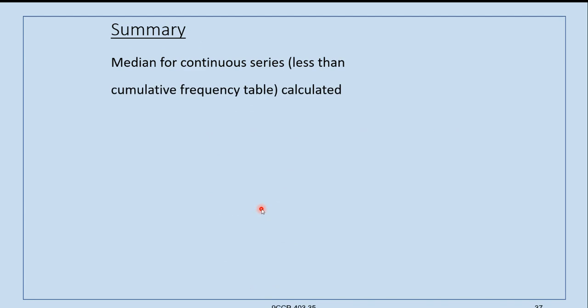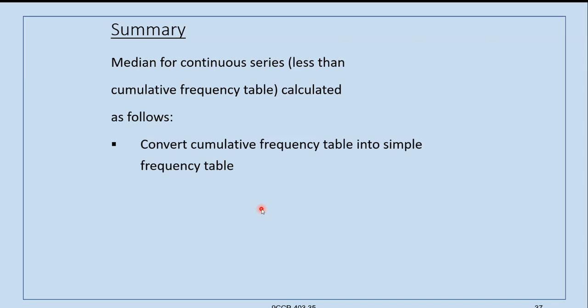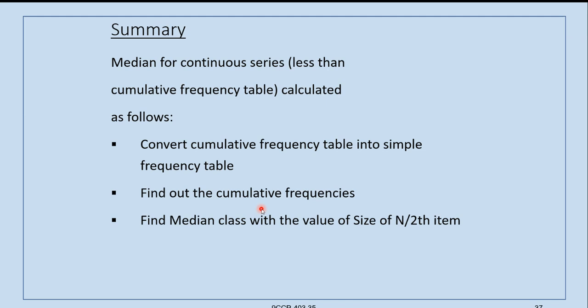With this, we come to an end of this lesson. We will quickly summarize what we have seen. In this lesson, we have seen median calculation for a continuous series when a less than cumulative frequency table or a more than cumulative frequency table is given. We have seen how to convert the less than cumulative frequency table, calculate the median class, and apply the formula to calculate the actual median.